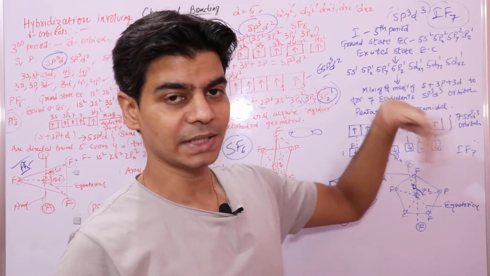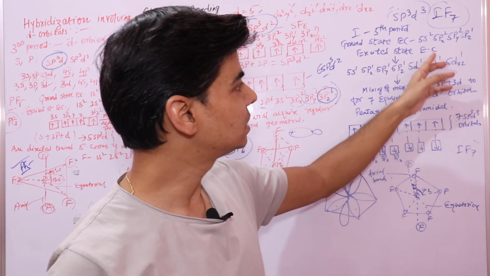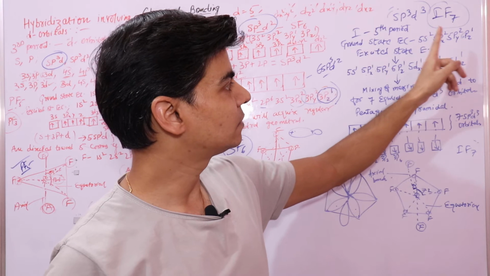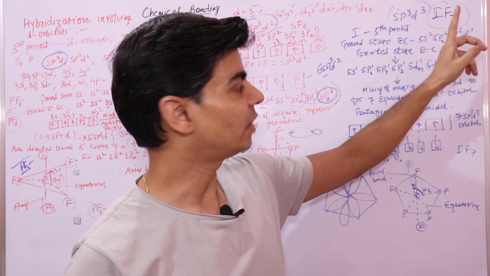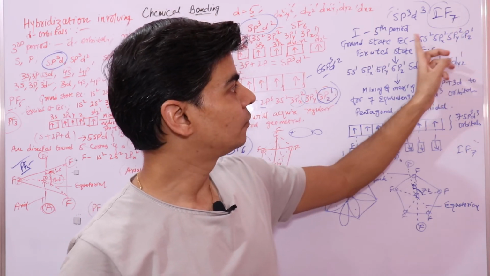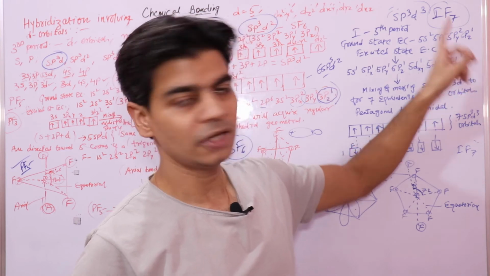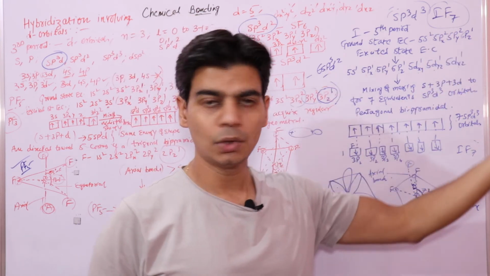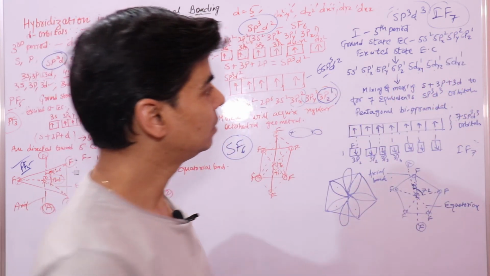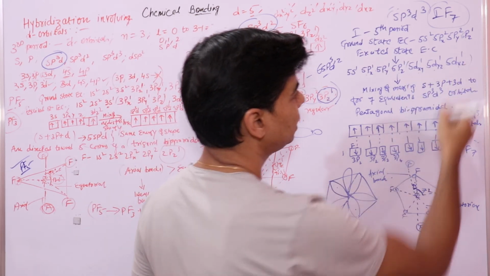So in the excited state, when promotion takes place, one electron each from 5s2, 5px2, 5py2 would be promoted to the empty d orbitals, these 3 d orbitals.